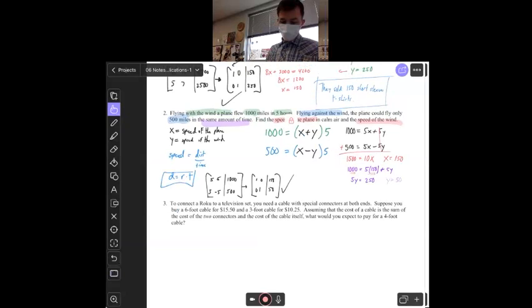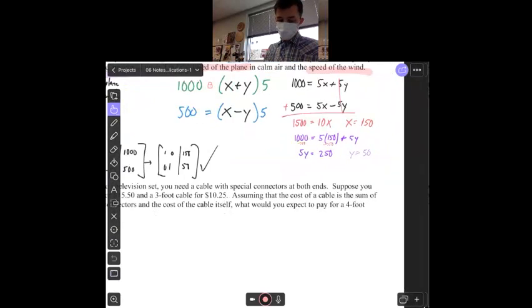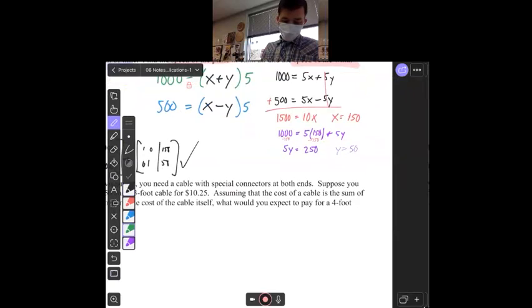Then we can go and answer the question, right? Find the speed of the plane, find the speed of the wind. So should be 150 and 50. Plane speed is 150 miles an hour. The plane is going 150 miles an hour.